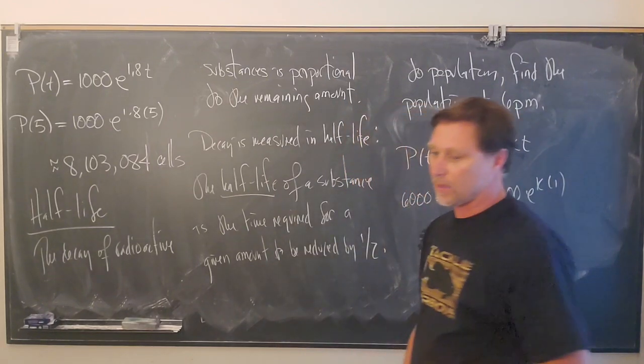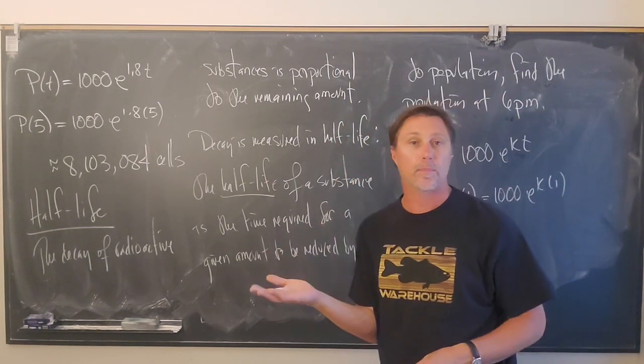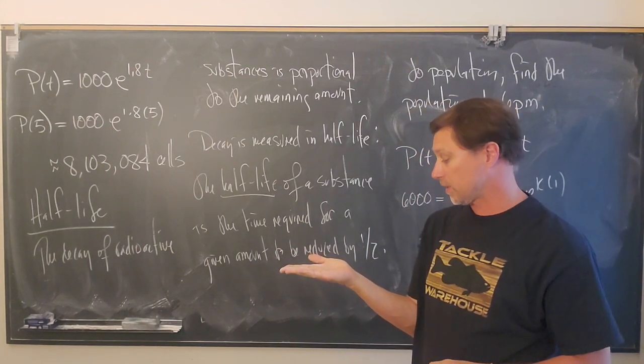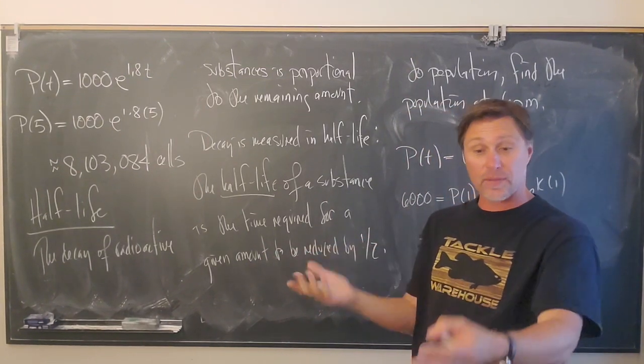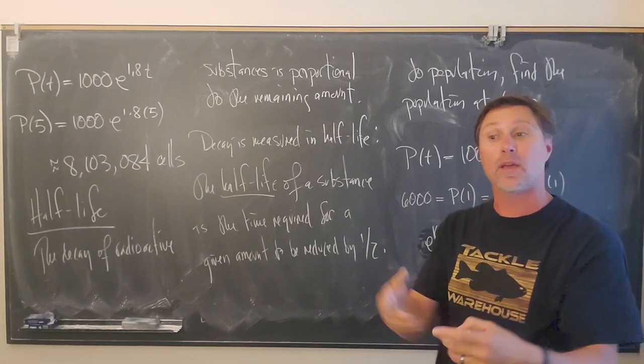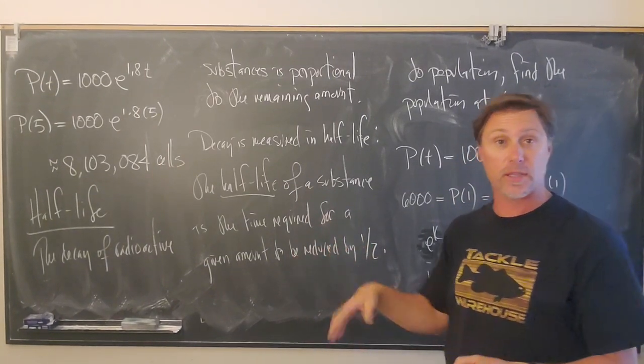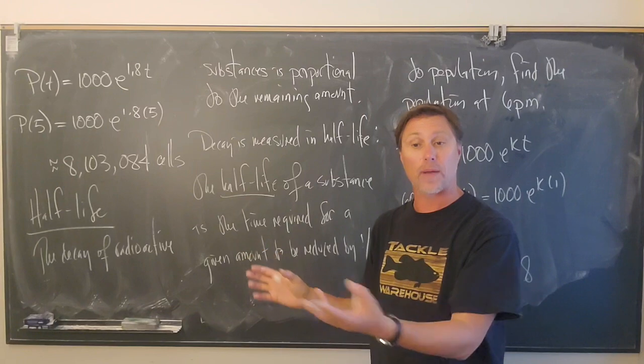So let's say that you've got 1 kilogram of a given radioactive substance. After a certain amount of time, there's exactly half of it left. The length of time that it takes to go from that kilogram to half a kilogram, that's called the half-life.